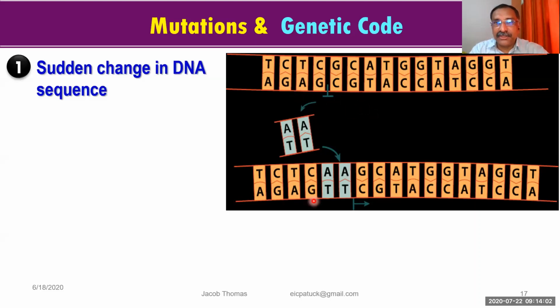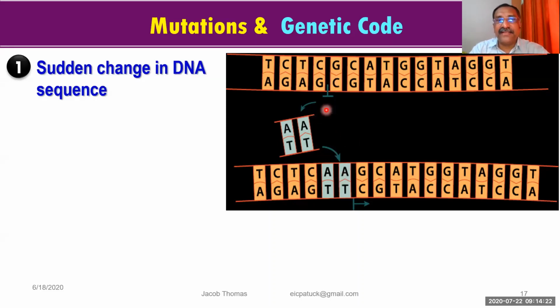But if in the second generation also this change is there, then it is called mutation. That is why I said mutation means a sudden heritable change in the genome.